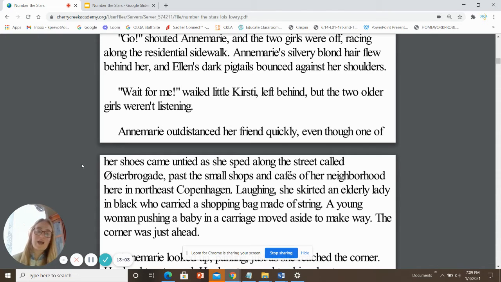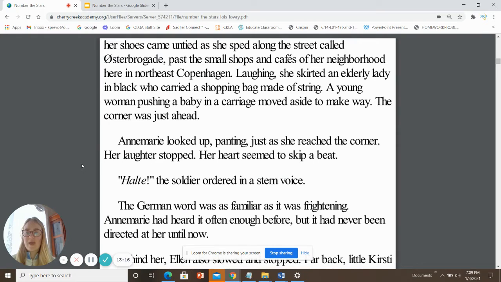Laughing, she skirted an elderly lady in black who carried a shopping bag made of string. A young woman pushing a baby carriage moved aside to make way. The corner was just ahead. Anne-Marie looked up, panting, just as she reached the corner. Her laughter stopped. Her heart seemed to skip a beat.